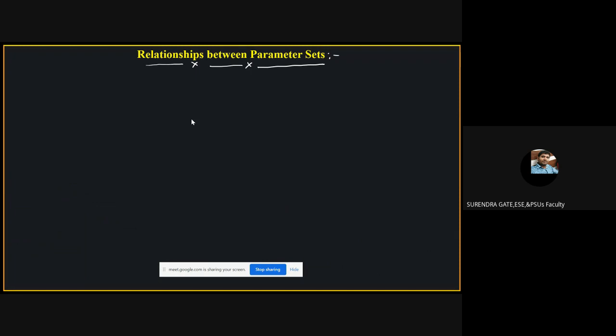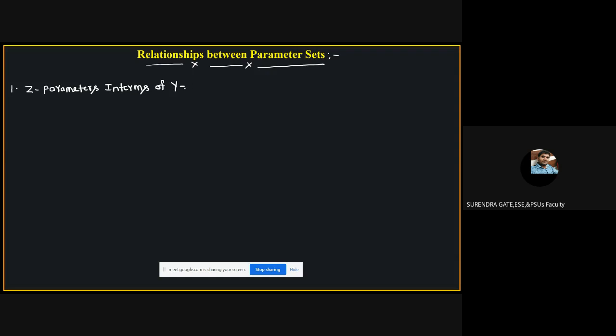Or otherwise, learn how to represent one parameter in terms of other parameters. I will explain just one or two parameters; for the remaining parameters, please go through that procedure only. For example, students, Z parameters in terms of Y parameters.